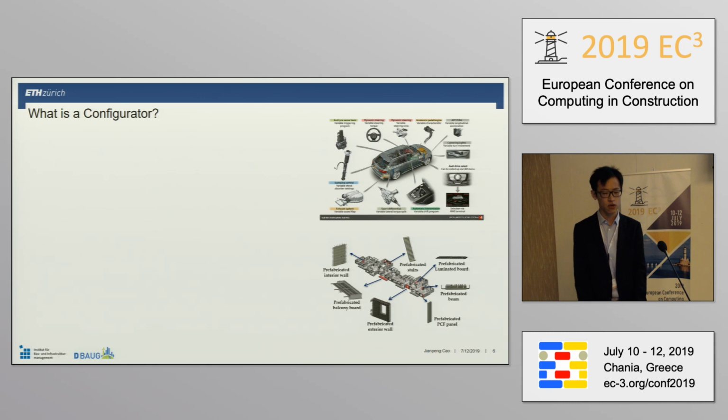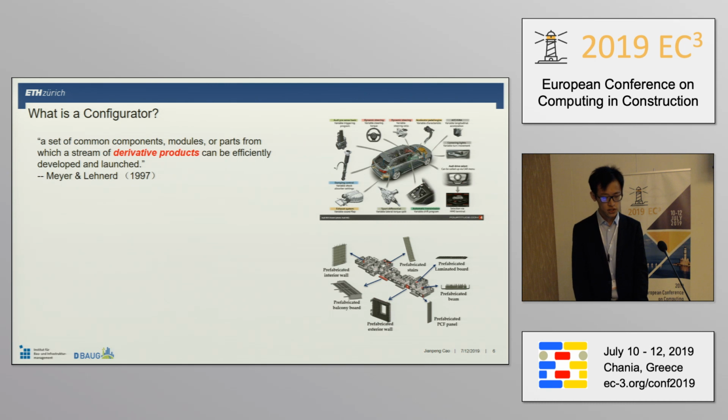So what is a configurator? We try to define this concept, and we can gain some inspiration from previous studies. Here I just summarize some key features. First, configurators can be used to generate derivative products based on a set of common modules or components used by past projects.